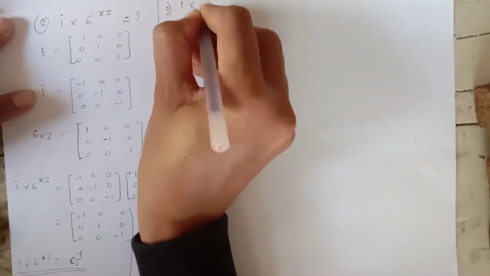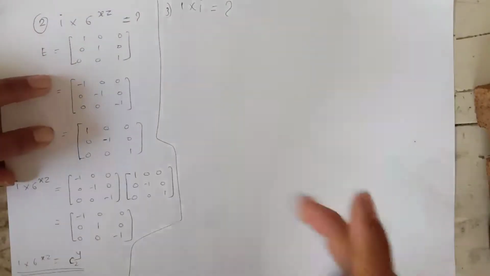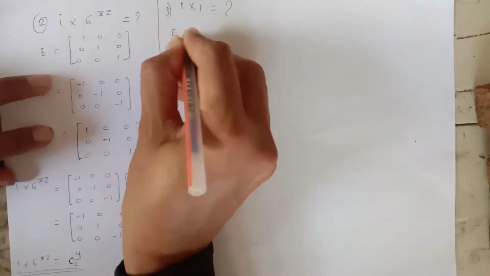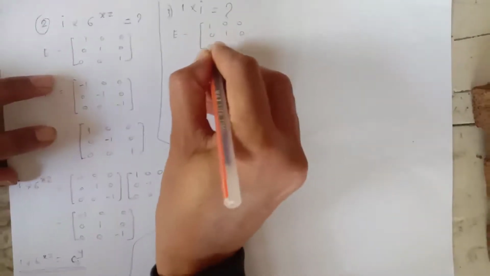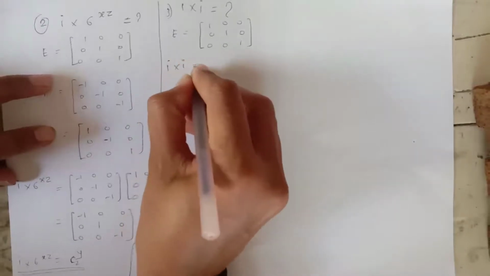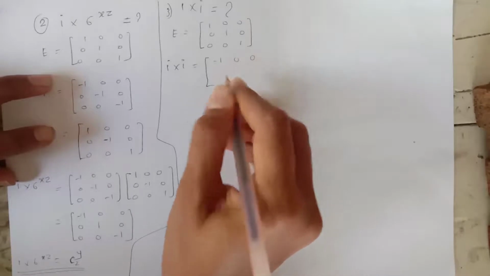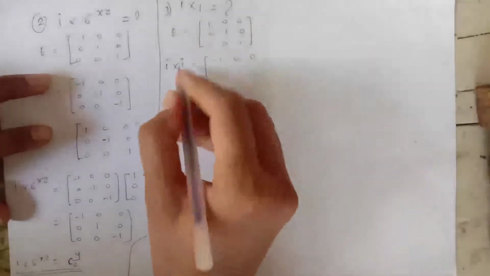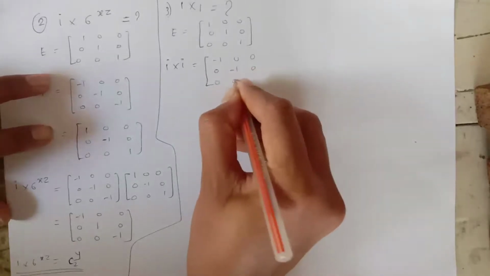I into I, you have to find out that product. That means when you perform the inversion, then what do you get here? First you have to write the matrix 1 0 0 0 1 0 0 0 1. Then I into I, what is here? First you have to write the inversion, minus 1 0 0 0 minus 1 0 0 0 minus 1.